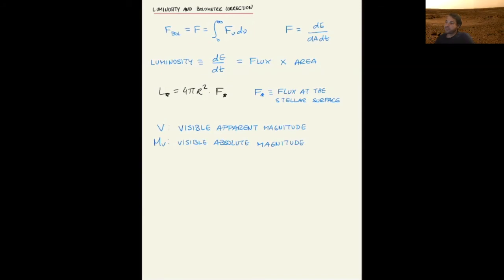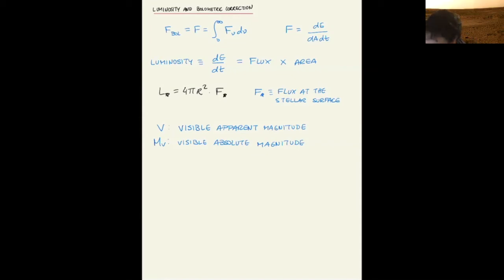So if you want to convert these magnitudes to luminosity, you can apply a bolometric correction, and then you're going to have a bolometric magnitude that is a measurement of the luminosity. The bolometric magnitude is the visible absolute magnitude plus this bolometric correction.